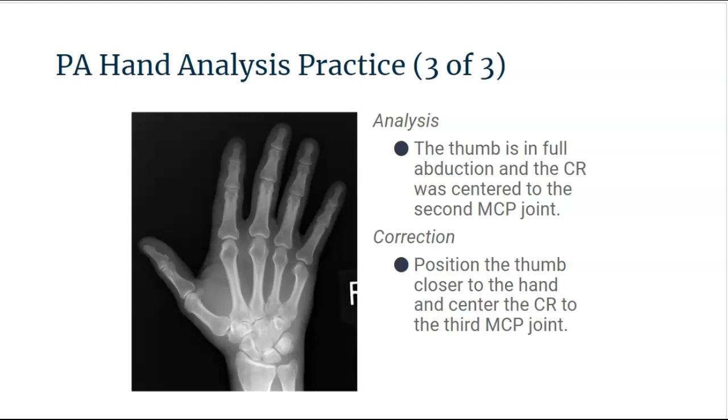So in order to correct this, bring that thumb back in and closer to the hand and center your central ray to the third MCP joint. Is this a repeat offense? No, but you want to be cognizant of your positioning so you can have the tightest collimation as well as appropriate centering.